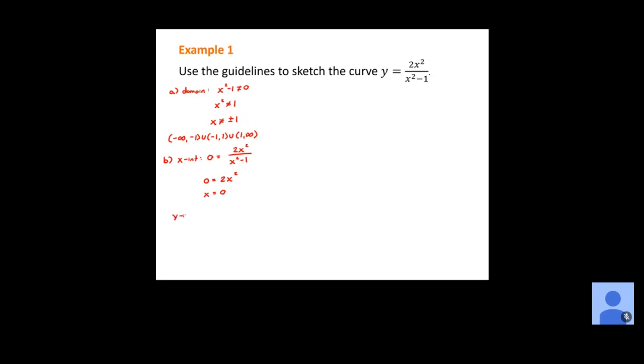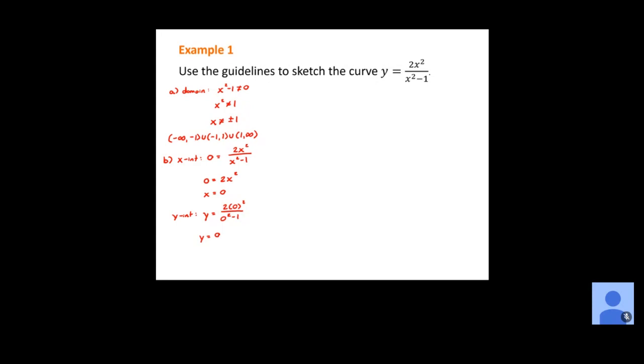Now let's think about y-intercept. How are we going to find our y-intercept for this one? Go ahead, plug in 0 for your x. We're going to have 2 times 0 squared over 0 squared minus 1. So what's that going to give us? 0, right? So we get 0 in the numerator, negative 1 in the denominator, 0 over negative 1, just going to be y equals 0.